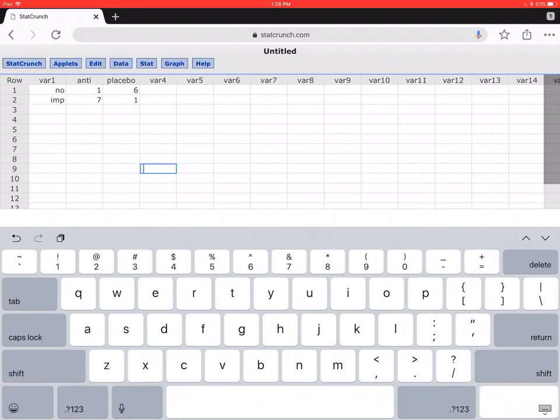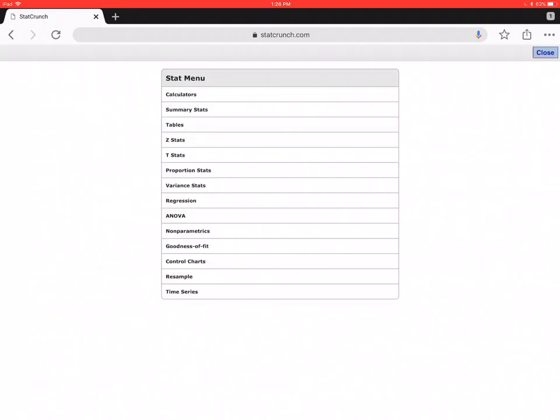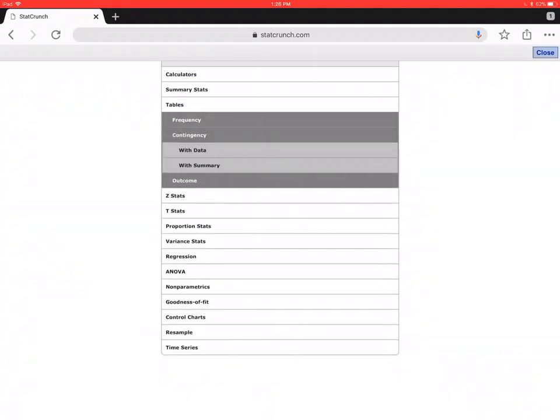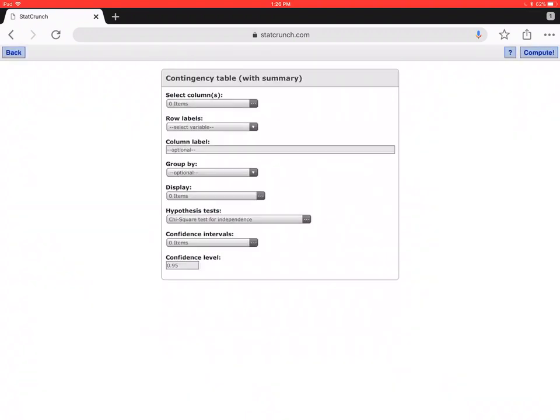I can now go into Stat, Tables, Contingency, With Summary. I go in as if I'm running the test for independence. I still choose my columns and my label.